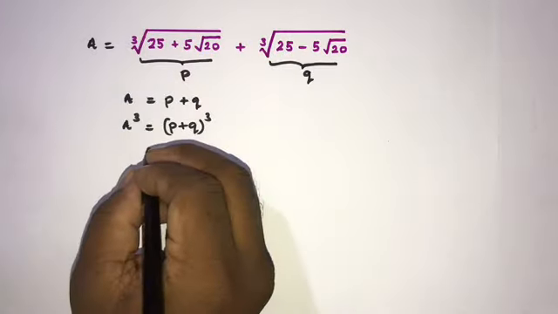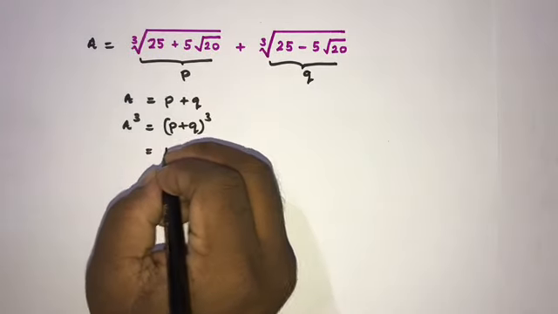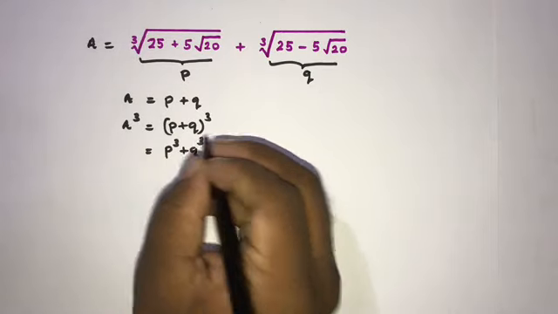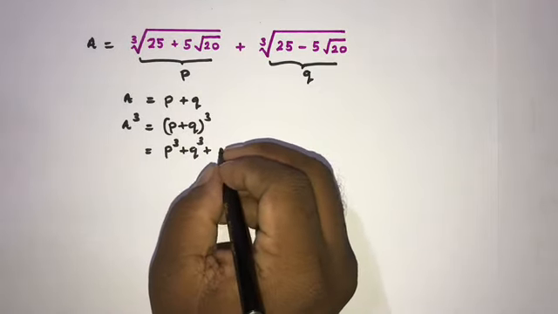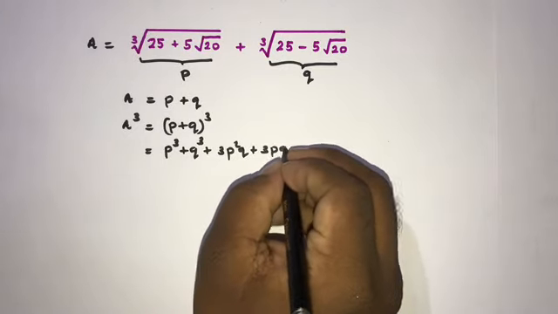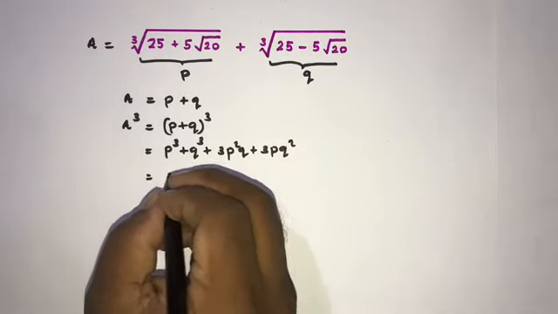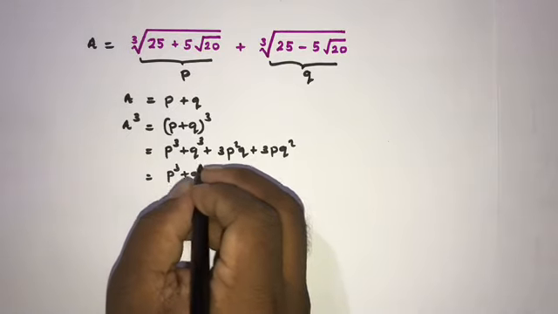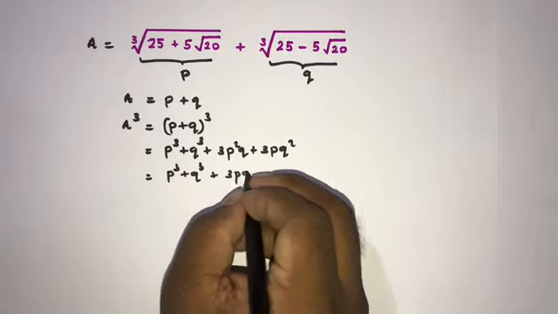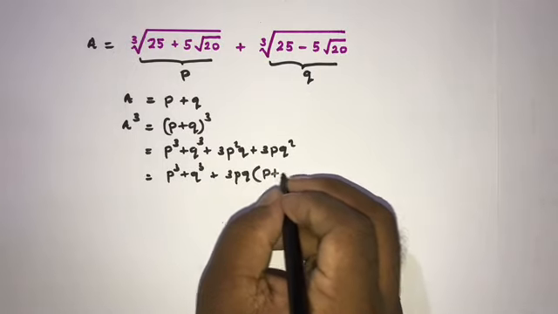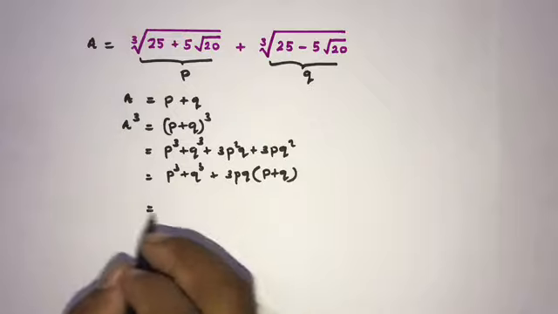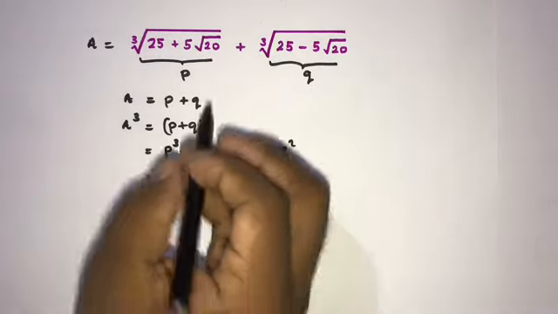Now we can simplify. This is equal to p cubed plus q cubed plus 3 times p squared q plus 3 times p q squared. Then we have p cubed plus q cubed, and 3pq is a common factor, so times (p plus q). Now we can substitute p cubed.